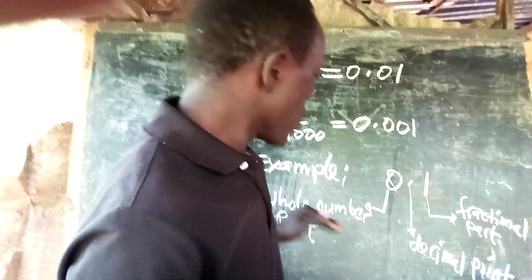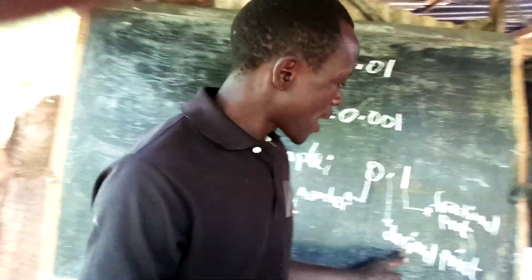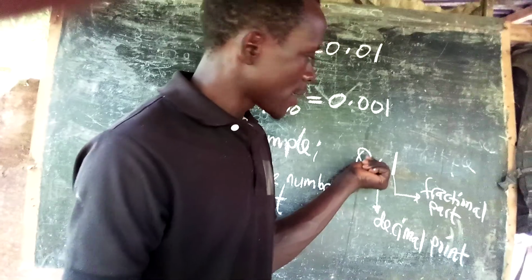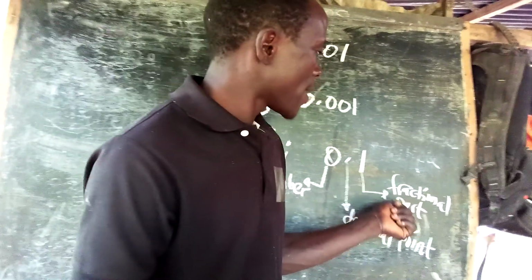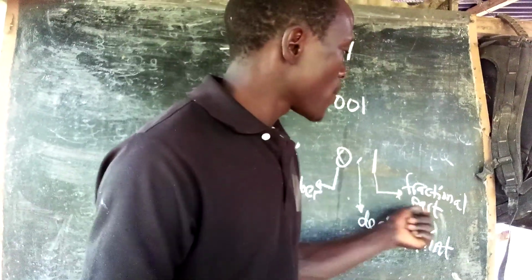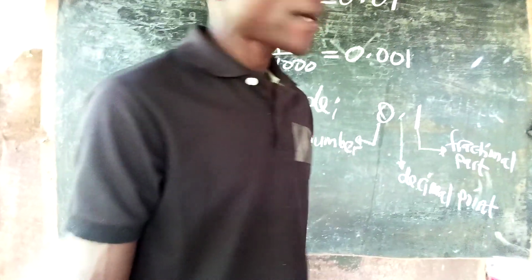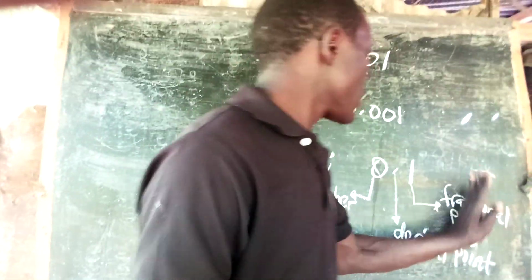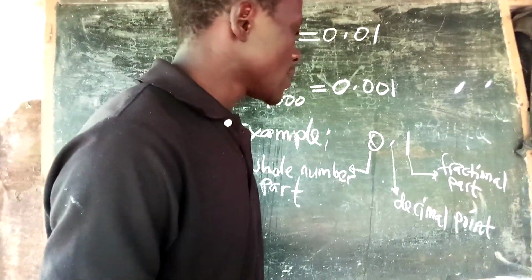We have the whole number part, which here is 0. Then we have the decimal point, the point we see here. And all numbers to the right side of the decimal point are called the fractional part. So these 3 are the parts of the decimal.